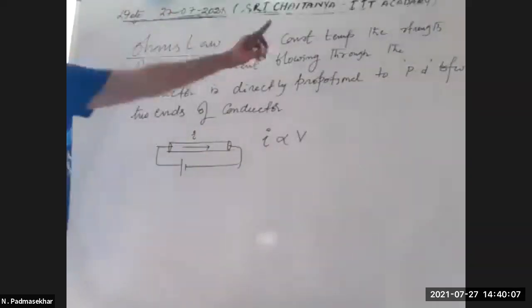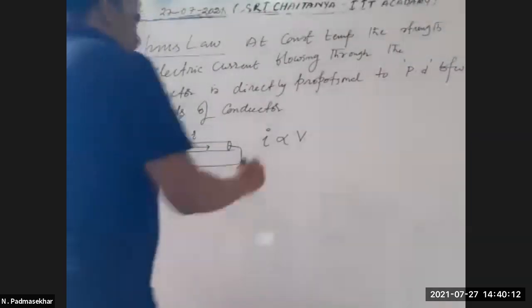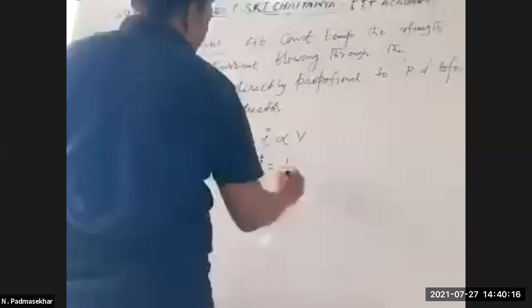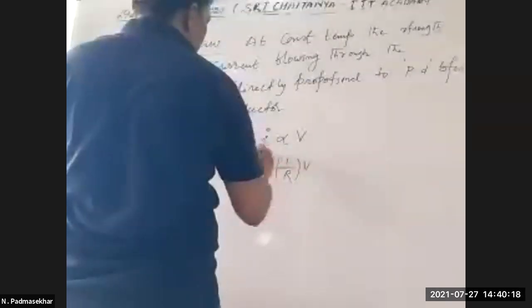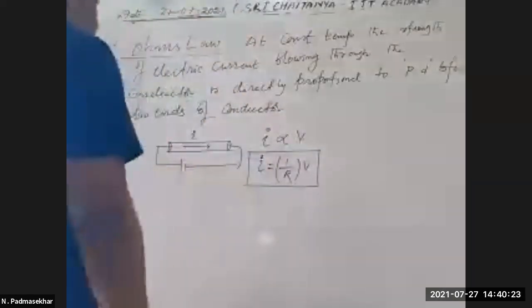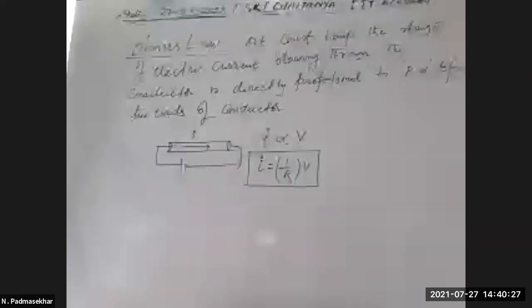Temperature alone is constant. So I is equal to some constant, 1 by R, into V.